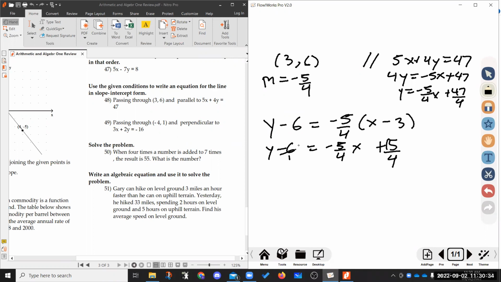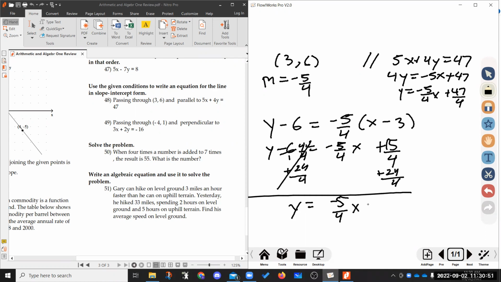I'm going to change it to 4 over 4. So I'm going to add 24 over 4 and a 24 over 4. This makes this y equals negative 5 fourths x plus 39 over 4.